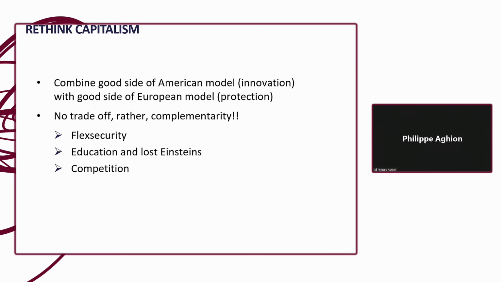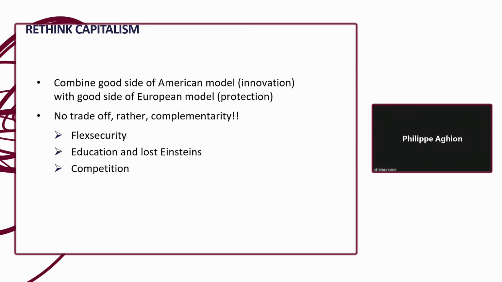When the Danes introduced the flexicurity system on the labor market, they made creative destruction work much more efficiently. It was much easier for firms to hire and lay off, because once you have a laid off worker, the worker will be retrained and put back more quickly into the labor market, with the state's help. And that's what flexicurity achieved.